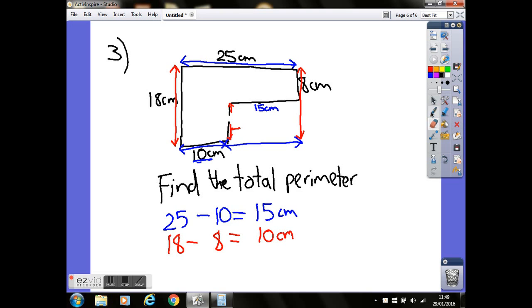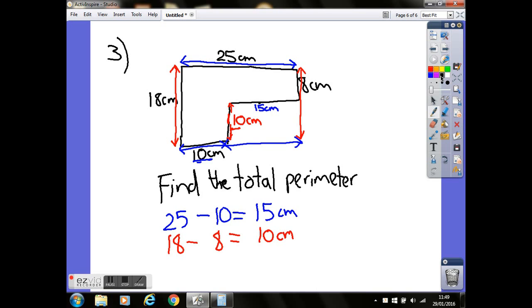So now that we've worked out all the sides, it allows us to calculate the overall perimeter. So if we remember, that was to add all the sides together first. That's why we had to work out those two missing ones to start off with. So perimeter, we'll write that at the very bottom, P equals, and just make sure you're including all the sides.